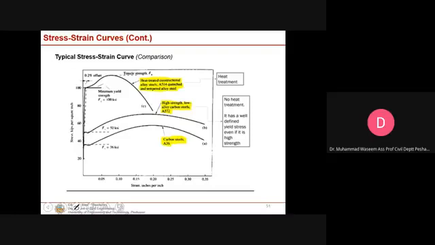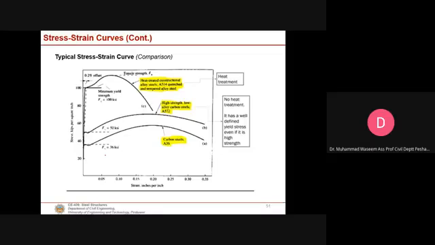Okay. Now let's have a comparison between different types of steel. In this slide, you will see the stress strain curve of A36 steel. The stress strain curve for a high strength, low alloy carbon steel is also shown on this slide, and there is another steel, A514, a quenched and tempered alloy steel, whose stress strain curve is also shown.